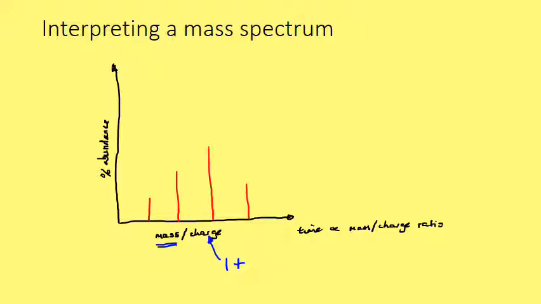So you might, for example, have 35, 36, 37, 38 for 4 different isotopes of a molecule, say, and you would then be able to work out from the height of these bars the percent abundance of each one, and then you do a weighted average on each one and get from that the relative molecular mass.